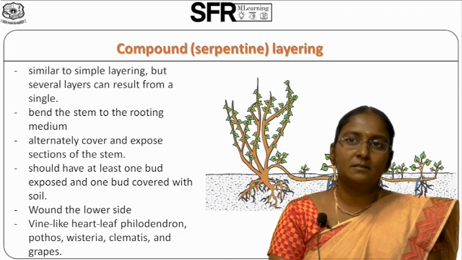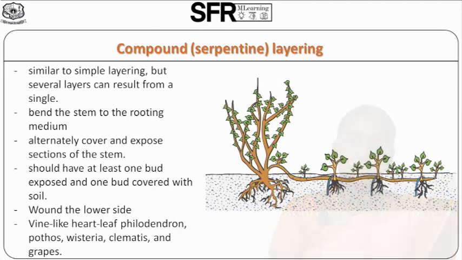And next is compound layering. It is also called serpentine layering, because it is very similar to simple layering. But in simple layering only one bend is made, whereas in serpentine or compound layering several bends are made.